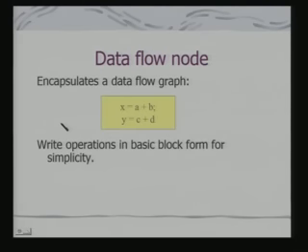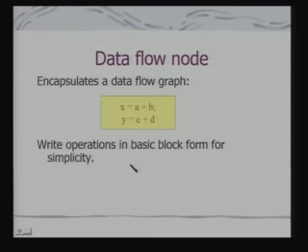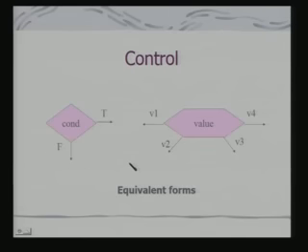So, a data flow node encapsulates a data flow graph and writes operations in basic block form for simplicity in the CDFG. Now, these can again be decomposed into your data flow graph, in terms of nodes where each node represents an operation, and I have input values with respect to that graphical representation. The control steps or the decision steps can be shown in this kind of a form.